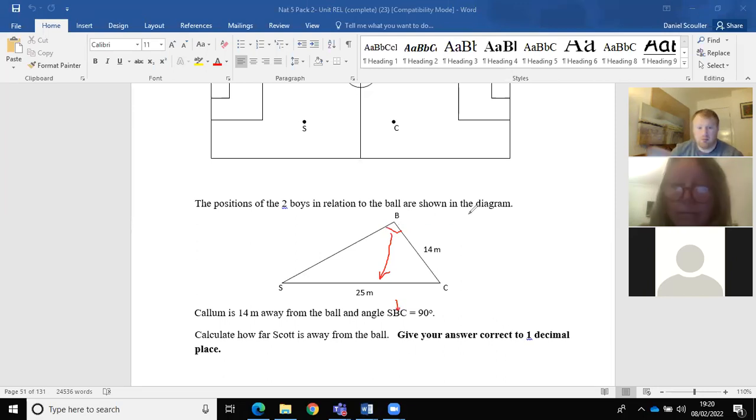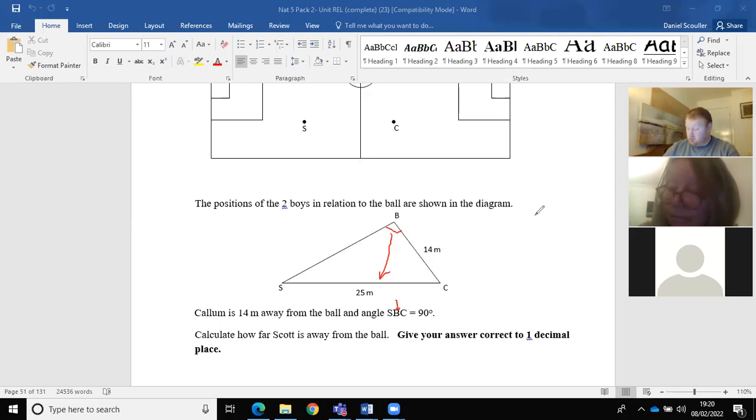From that, easy street, it's just Pythagoras. The complicated nature of that question is just everything around it, where the points are and so on, but it's just extracting the data and putting it into the question.